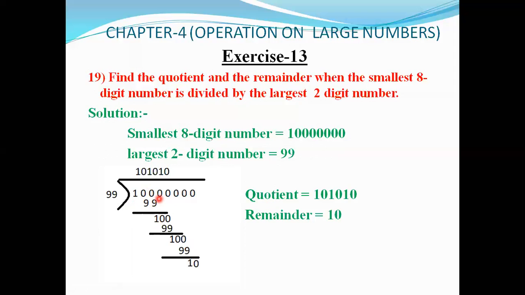Then for this division process, we use the next number. When we take the next number in the same line, we put 0 in the quotient. We write the 0 in the quotient. Now 99 divided by 99, we get 1.